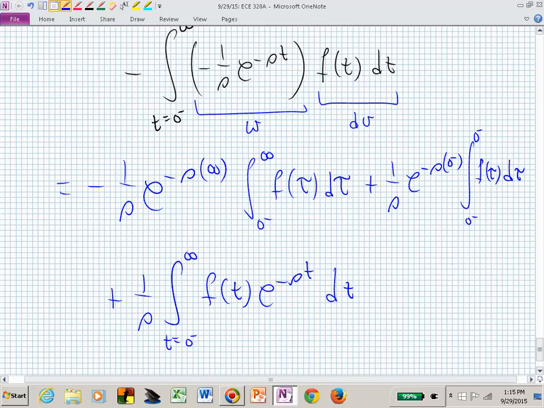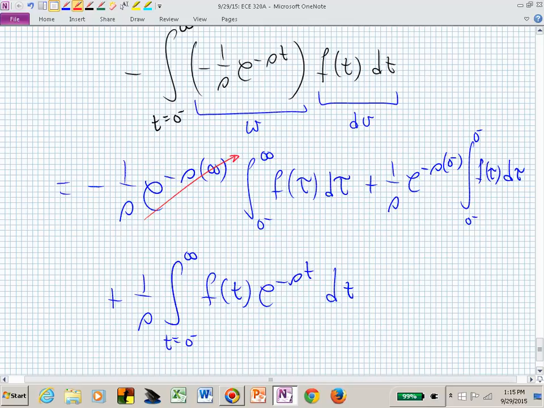Now, we want to evaluate this at values of s where this makes sense, or where these equations converge. s we're going to have be positive. So the minus 1 over s is well behaved in the front. What happens to this term? e to the minus infinity.